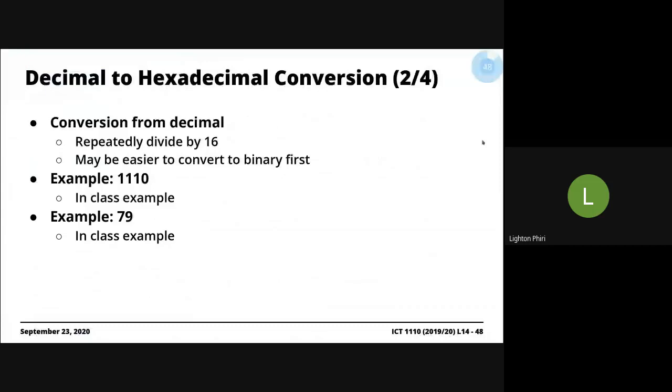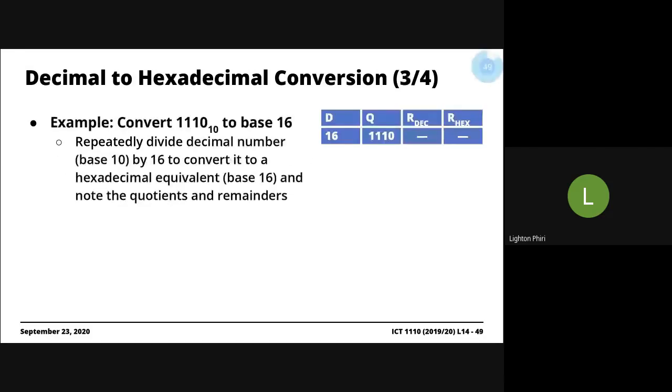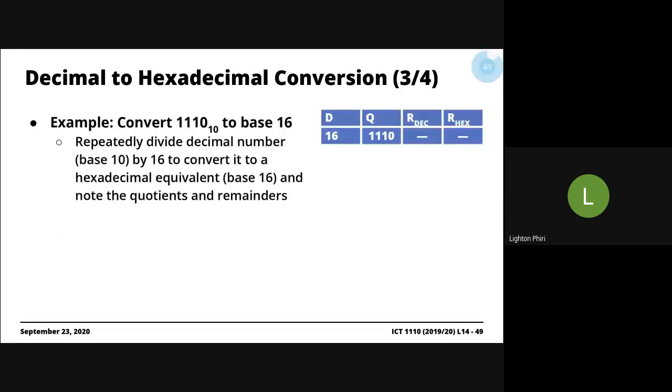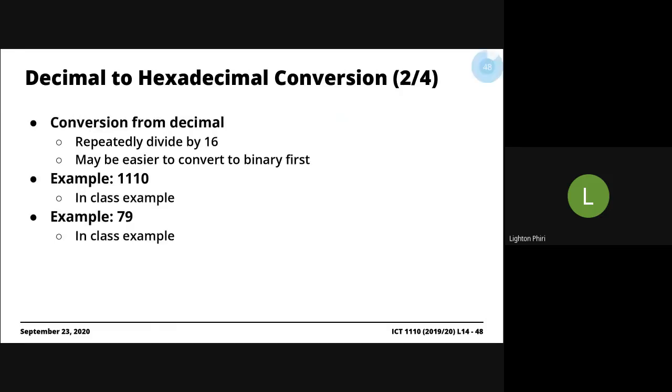So here's what we do: repeatedly divide. We'll go through these two examples to see exactly how we do this. Remember, you're repeatedly dividing by 16. You first set the quotient equal to the decimal number that you want to convert to hexadecimal.